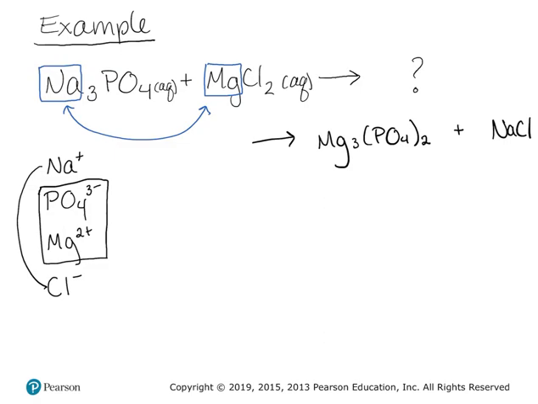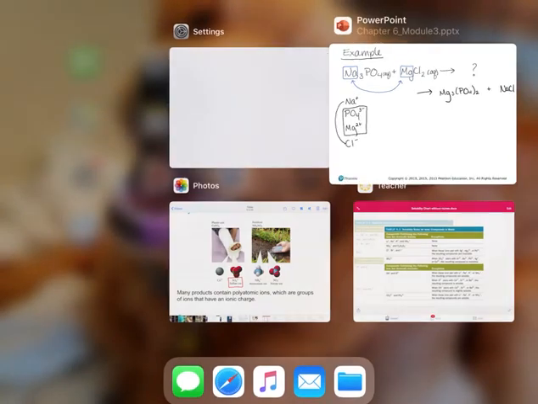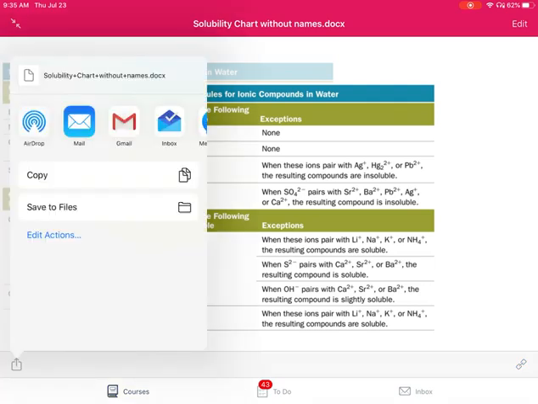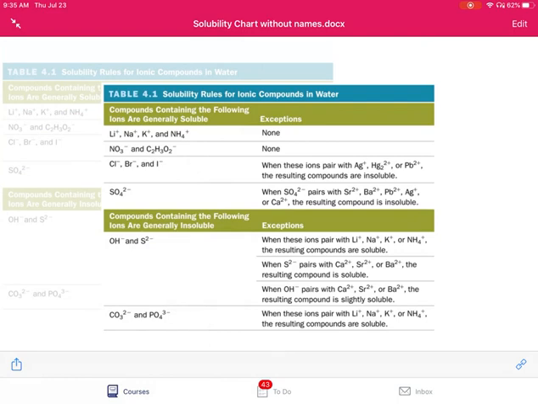All right, so let's go to our solubility rules. Okay, so magnesium phosphate was one of our products. I don't really see anything about magnesium, but at the very, very bottom of the table, I do see phosphate. Let's see if I can mark this up, oh, no, I can't. Okay. So phosphate is just at the very bottom there.